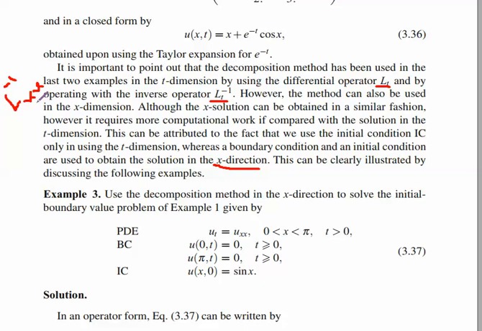So we are going to use the linear operator in this form: partial square by partial x square. This is exactly the linear operator in this example, and we are going to calculate this heat equation using this linear operator.